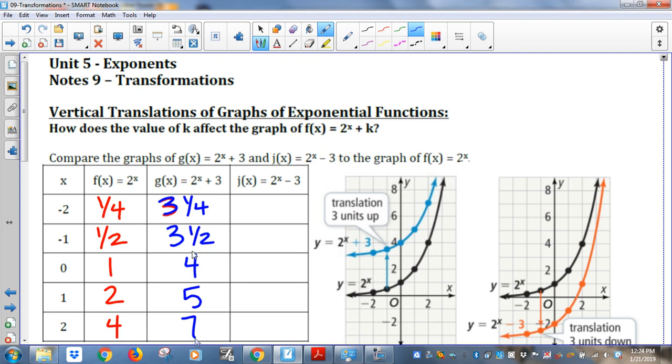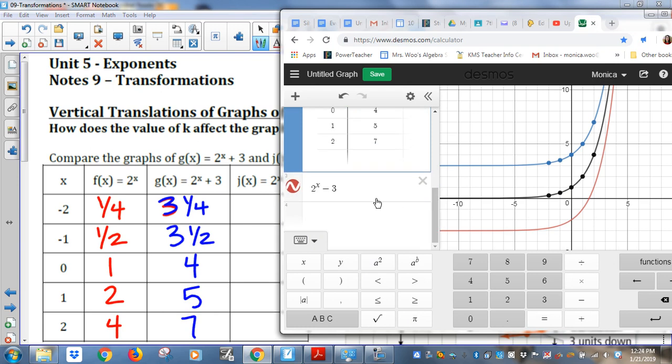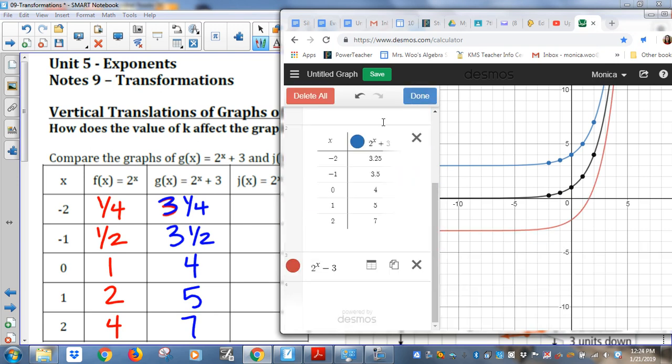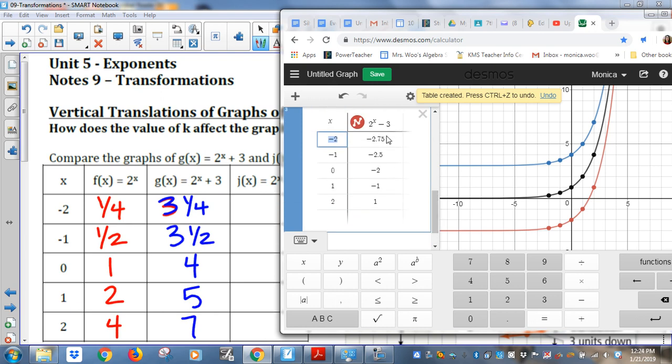Hopefully you realize the connection here when I'm subtracting 3. So I'm going to jump back to Desmos and go to the table where we subtract 3. We look at these values, and each of these decreases by 3 when we compare it to our f of x equals 2 to the power of x.